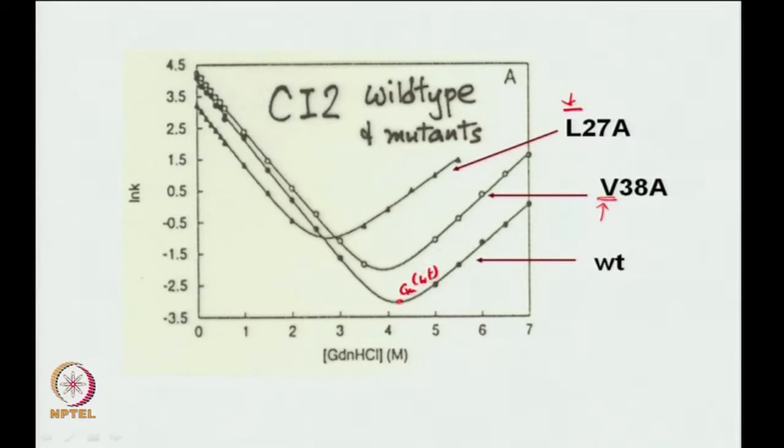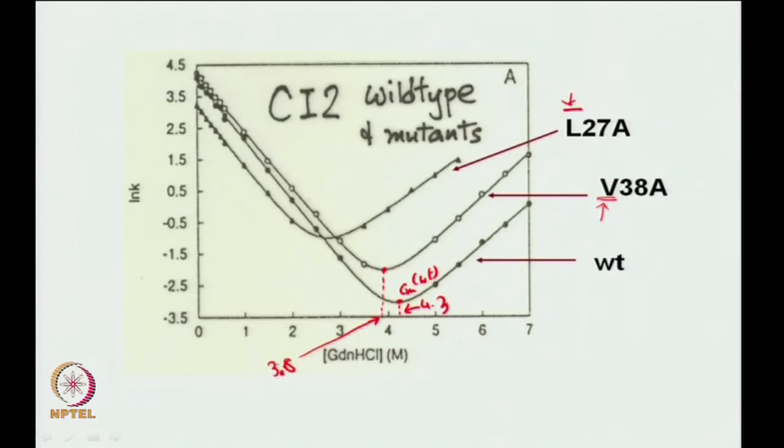Okay. Now, when you have gone to this mutant V38A, what has happened to the Cm? It has decreased. That means this is the new Cm now. So, if this Cm was say 4.3, this Cm would say be 3.8 molar guanidine chloride.